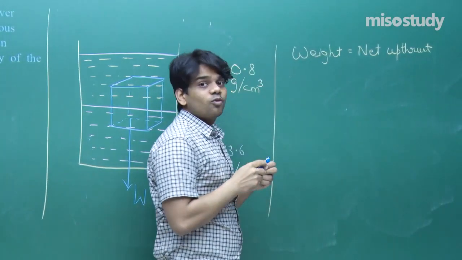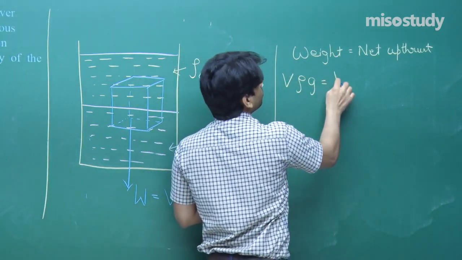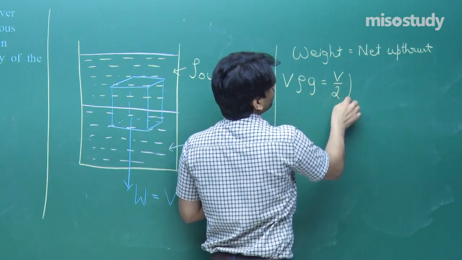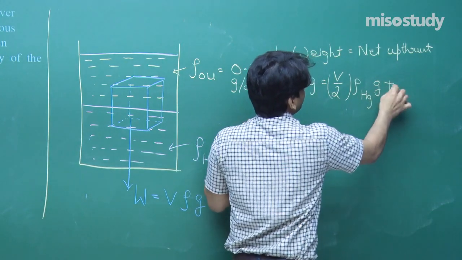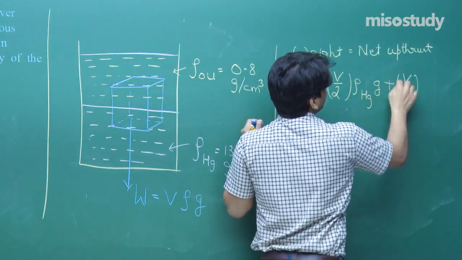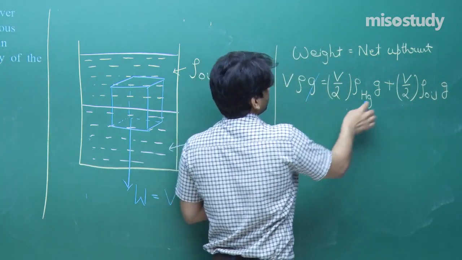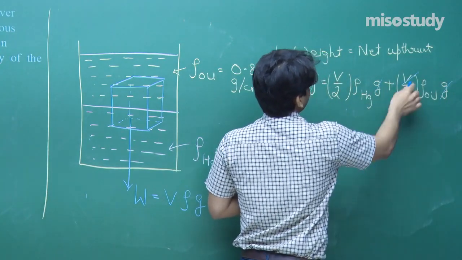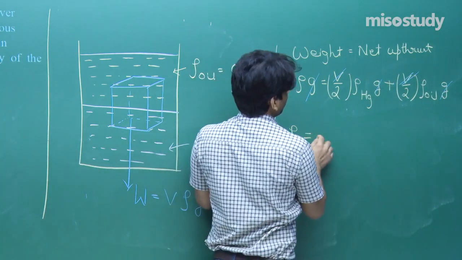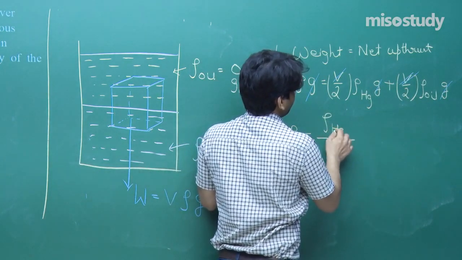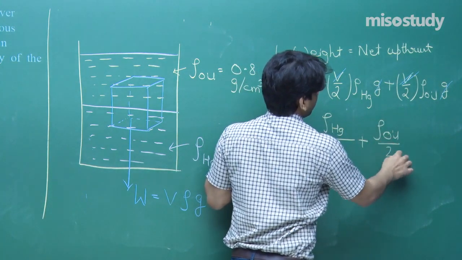From here, weight is volume into density into gravity, which is equal to upthrust due to mercury, V by 2 into density of mercury into G, plus V by 2 into density of oil into G. Clearly you can cancel out the G term and the V, and you will get the density of the substance equal to half of density of mercury plus half of density of oil.